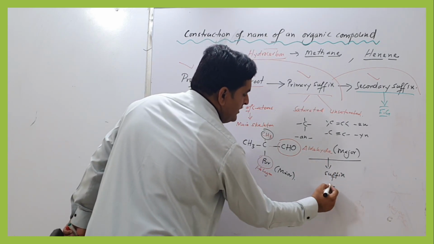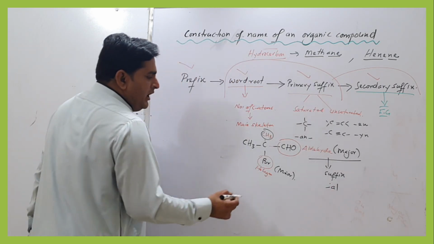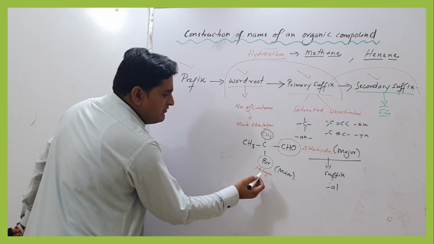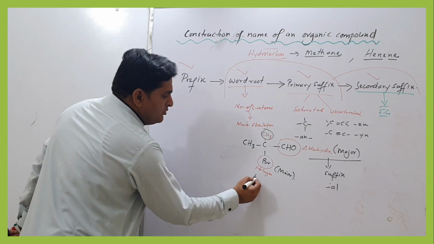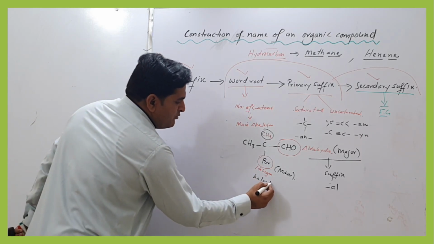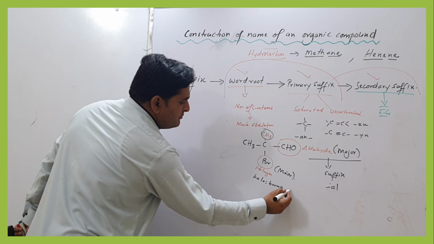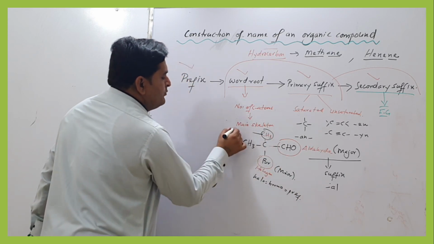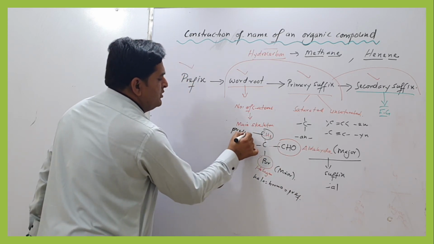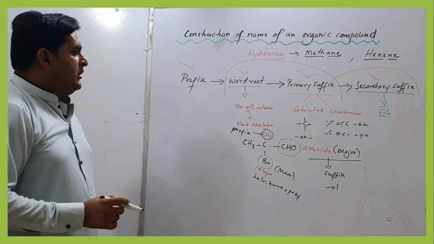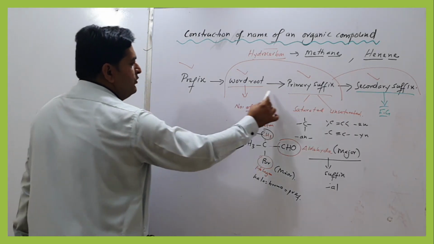For aldehyde, the suffix "al" is used, and for low priority groups such as halogen, we use a prefix. Halo means bromo, so bromo will be its prefix, and alkyl groups are also considered prefixes. So this compound has all these four parts.